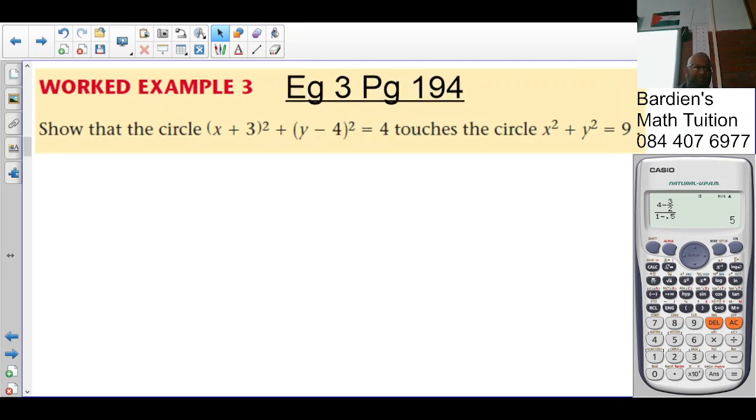In worked example 3 we are asked, show that circle x plus 3 squared plus y minus 4 squared equals 4 touches the circle x squared plus y squared equals 9.